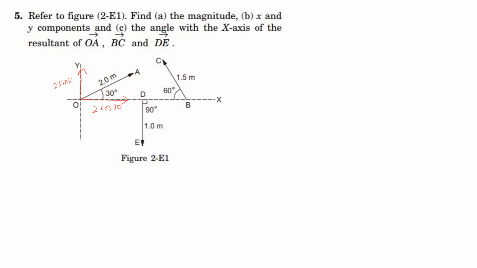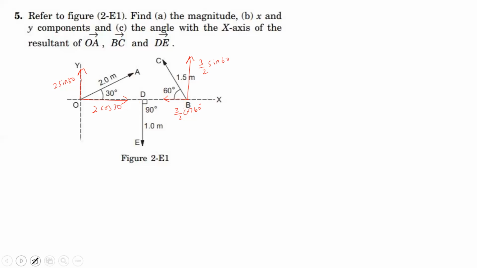And for this BC bar, if you resolve, this 1.5 is 3 by 2, so we take CB bar whose x component is 3 by 2 cos 60 degree, and the y component is 3 by 2 sin 60. And DE bar has a y component only. Due to DE bar, the x component is 0.